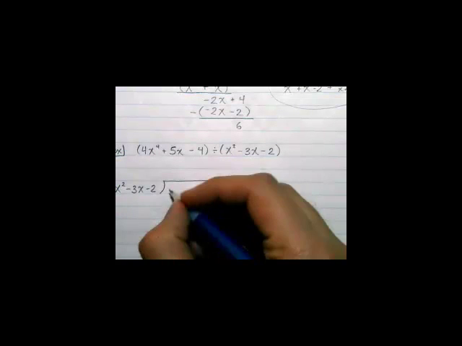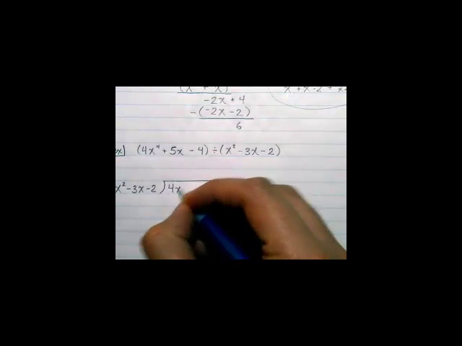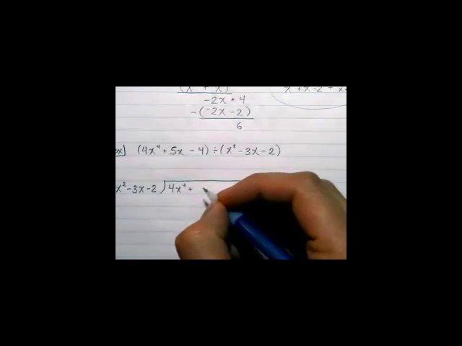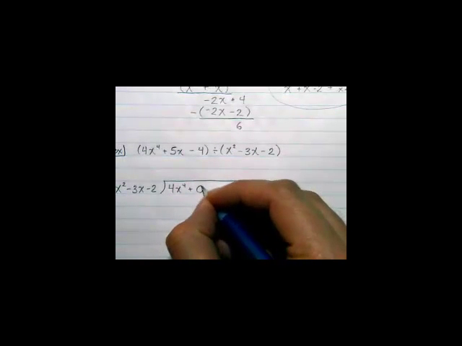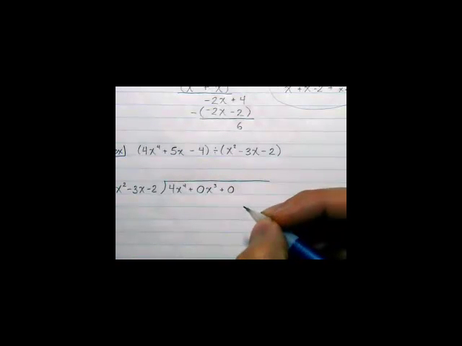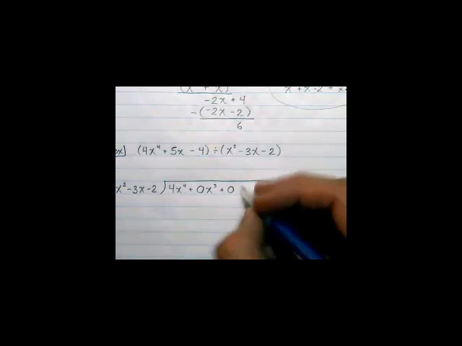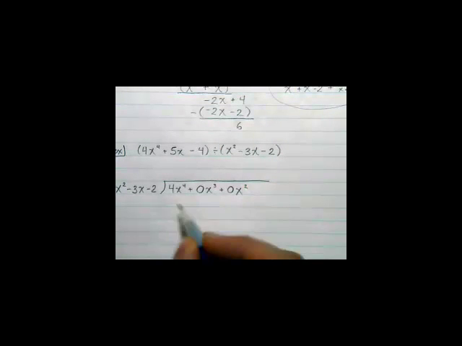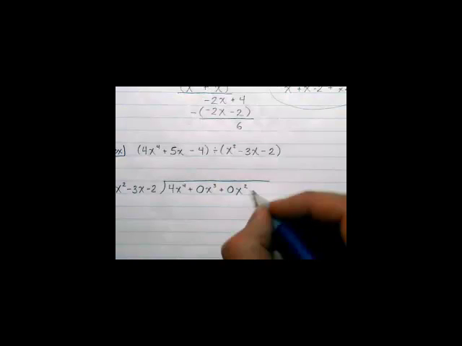Okay, so to make sure that we still have that, we got to put these little placeholders in there. So we actually need to put some zeros in for the ones we don't have, because otherwise we wouldn't have a place to put the other stuff when we start working it out. So it's actually 4x to the 4th plus 0x to the 3rd plus 0x squared plus 5x minus 4.